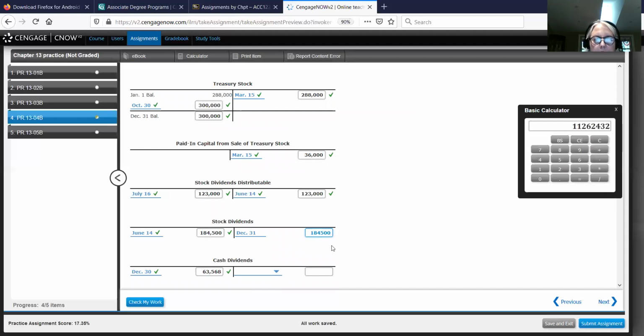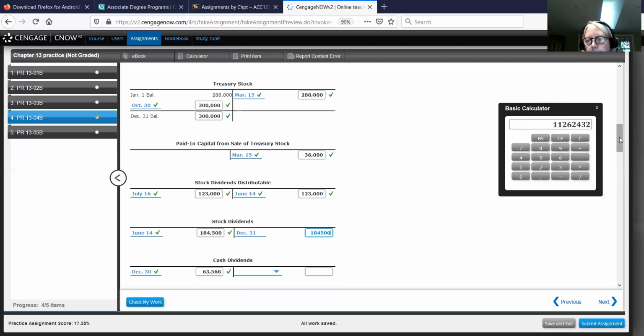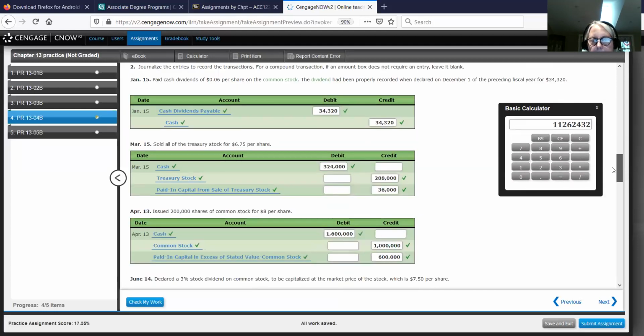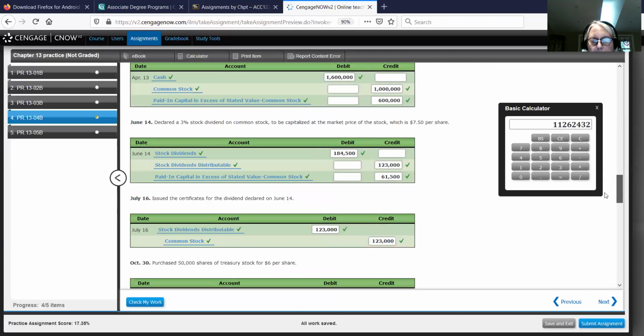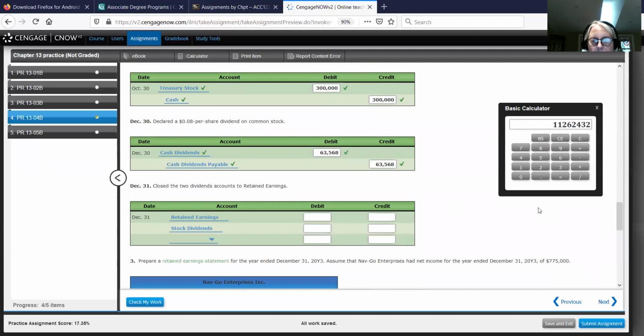We're forcing this account to equal 0. And the only way we can do that is to credit this account. So our stock dividends account is going to be credited for $184,500. We would also have to close out our cash dividends account.